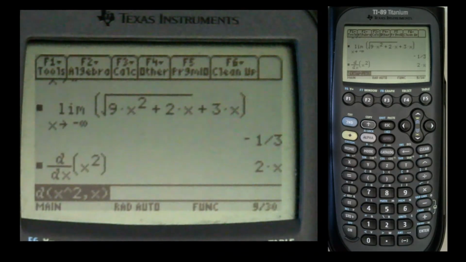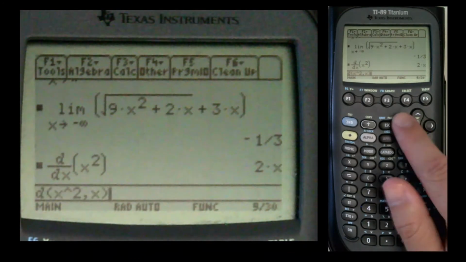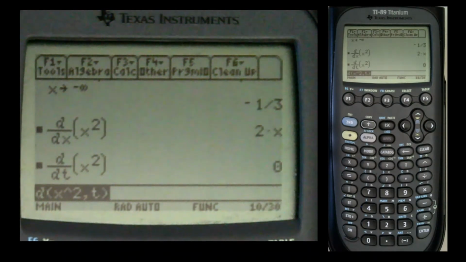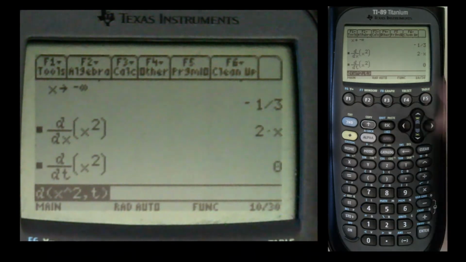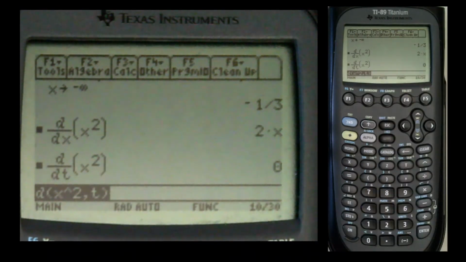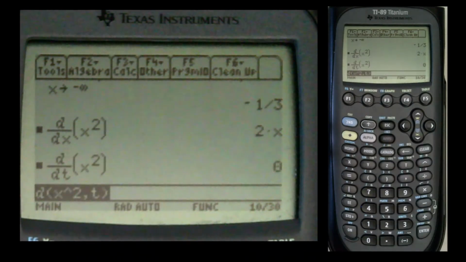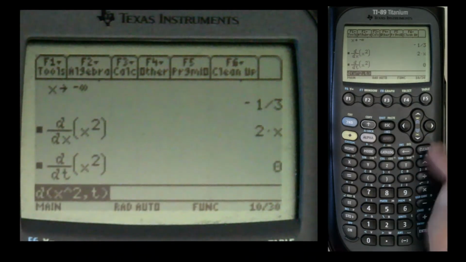And you can see when you do that, it gives you 2x. If I were to, just for an example, put in a different variable, it's going to give me 0, because it's going to treat x squared as a constant. The derivative of a constant is 0. So when you take the derivative with respect to t, you can see that says d dt instead of d dx. Okay, so that's how you can take the derivative.